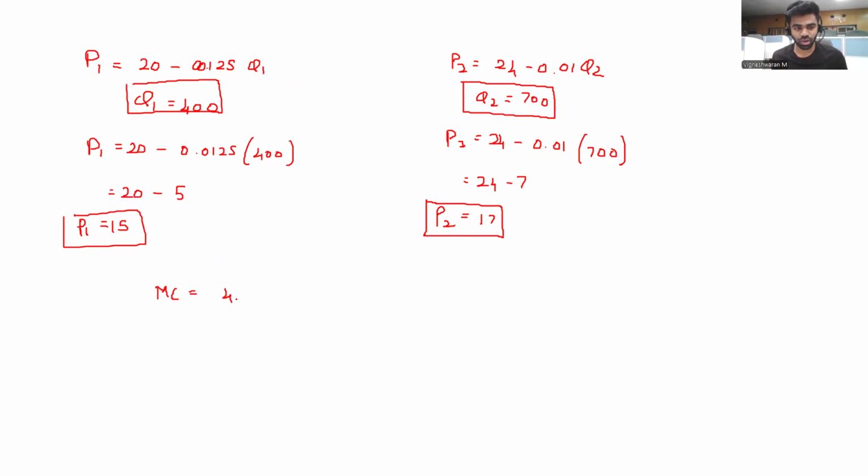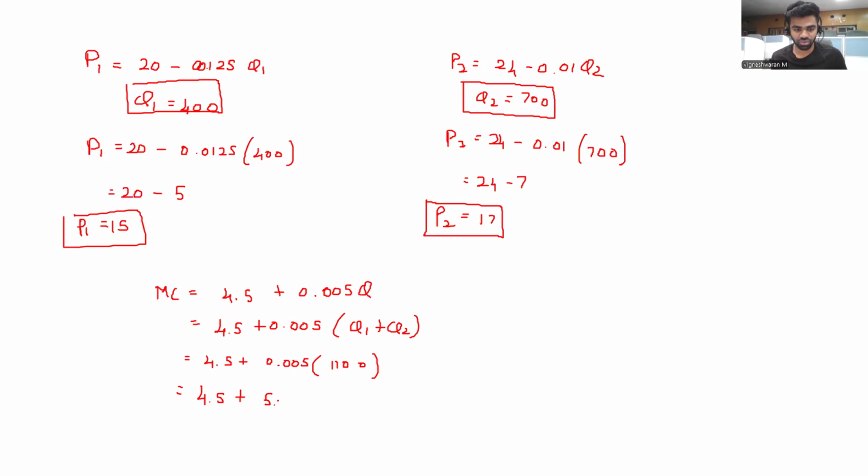So MC equation is what? 4.5 plus 0.005 Q. That is 4.5 plus 0.005 into Q1 plus Q2. 4.5 plus 0.005 into Q1 plus Q2 is what? 4 and 7 is 11, so 1100. 4.5 plus, so if you multiply, you will get 5.5. So MC is equal to 10. Okay. So with this, we can find the profits.